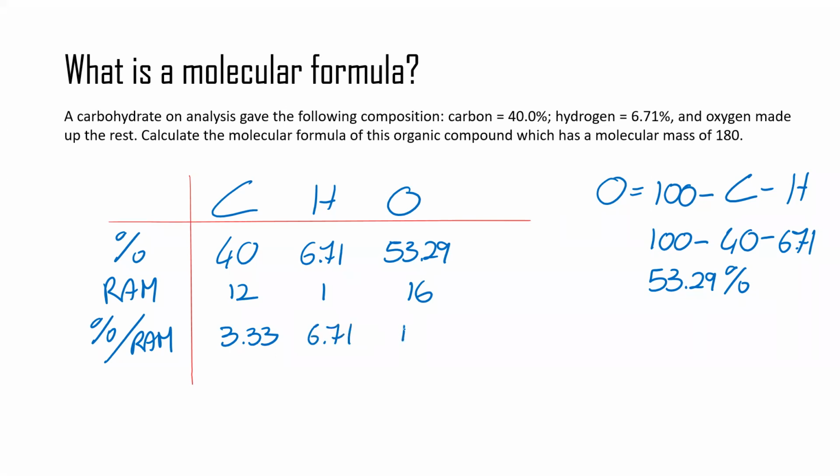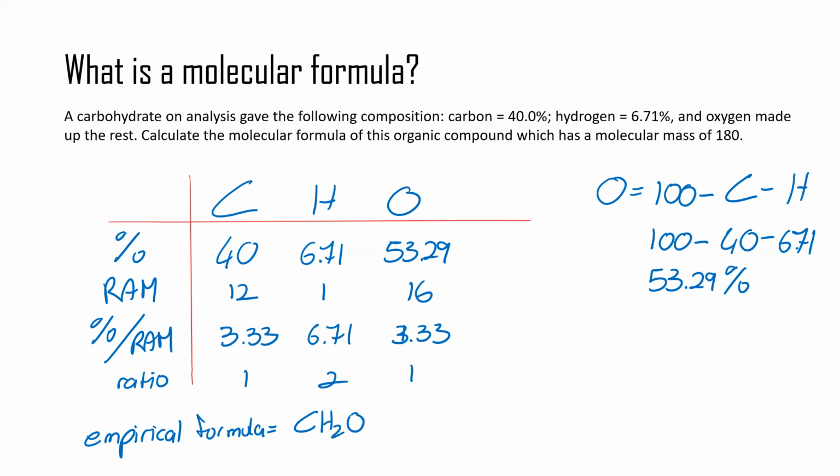6.71, and 3.33, okay? And the simplest ratio will therefore be 1:2:1. So the empirical formula is equal to CH2O.